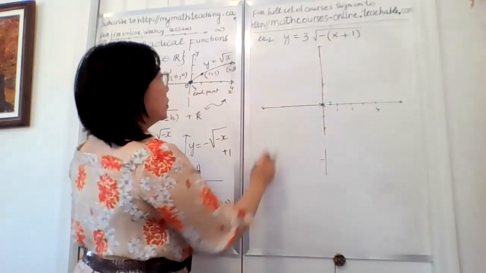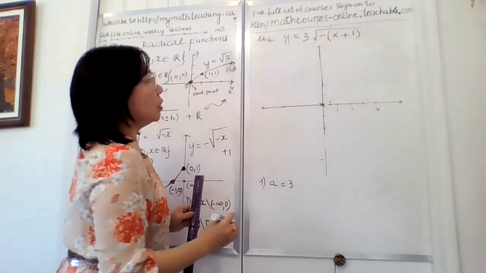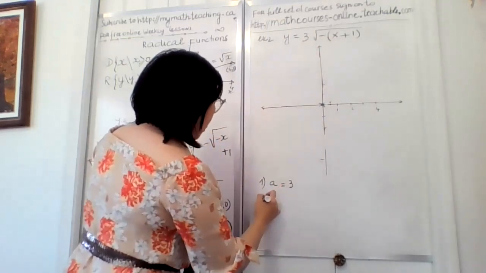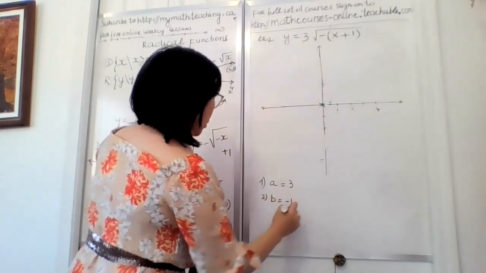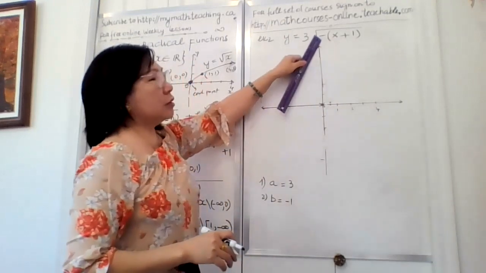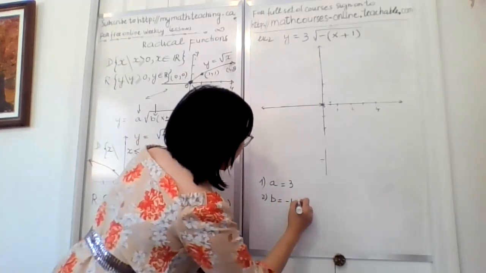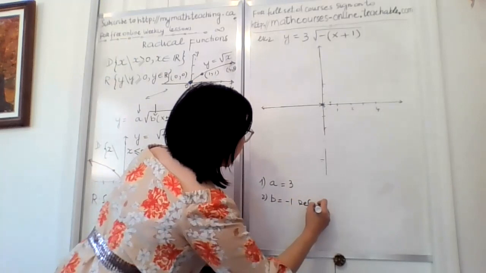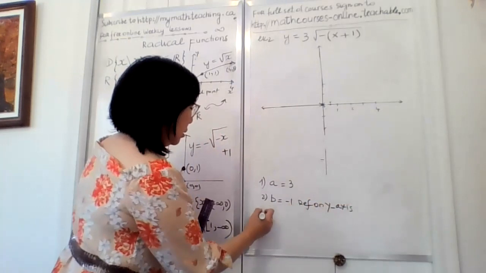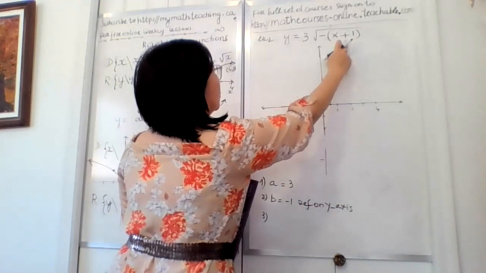So the first transformation is vertical stretch. So our A equals a factor of 3, and this is vertical stretch. The B value will be equal to -1. Now this negative shows us reflection over the y-axis, so reflect over the y-axis and not the x. Then we will move to the left.